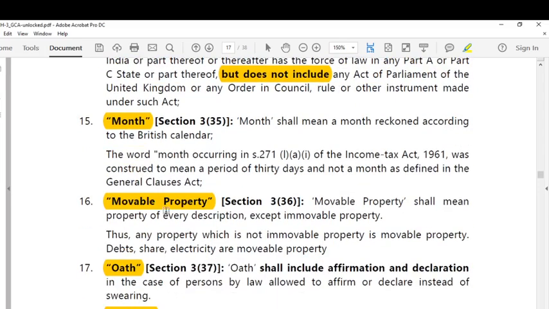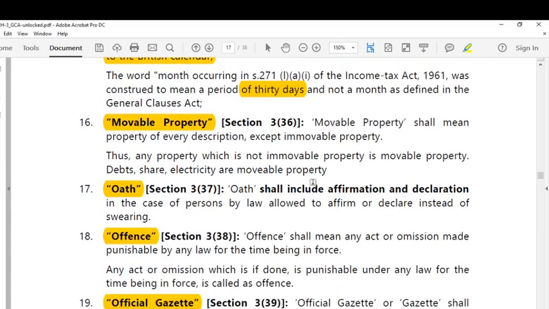Month. Month shall mean a month reckoned according to the British calendar. The word month occurring in Section 271 of the IT Act 1961 was construed to mean a period of 30 days and not a month as defined in the General Clauses Act.